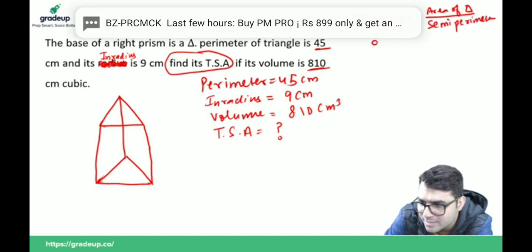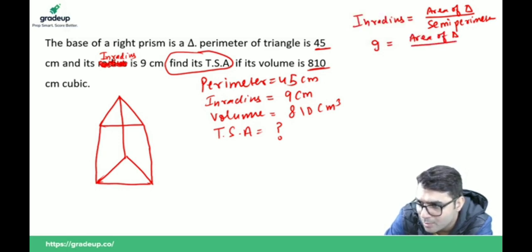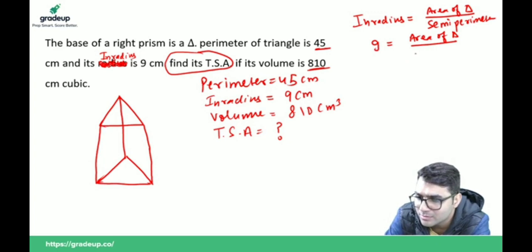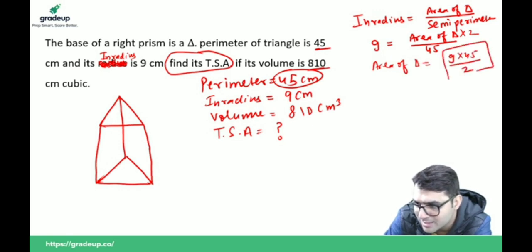In radius is 9, area of triangle we don't know, upon semi-perimeter. Semi-perimeter is what? Half of the perimeter. That is 45 by 2. So I can write this 2 in the multiplication of this. So area of triangle is equal to 9 into 45 divided by 2. So this is the area of triangle.